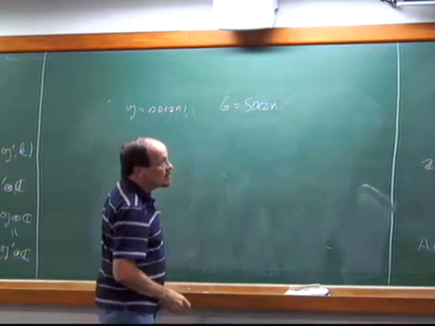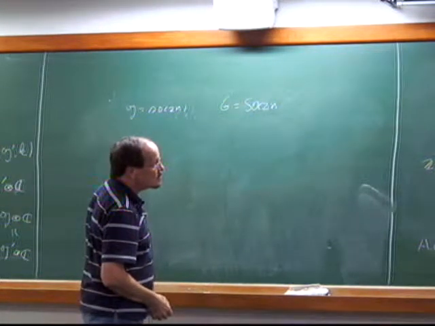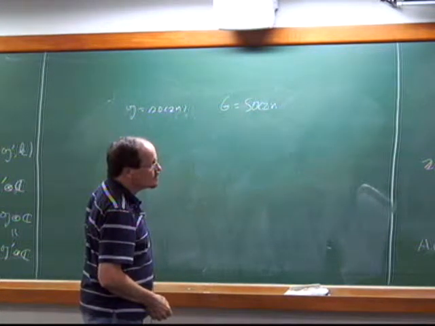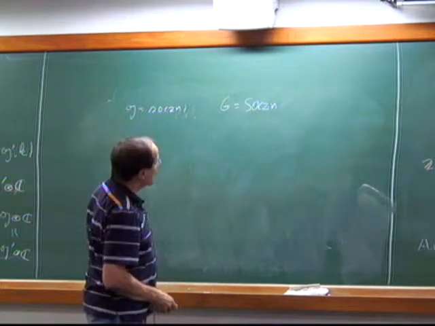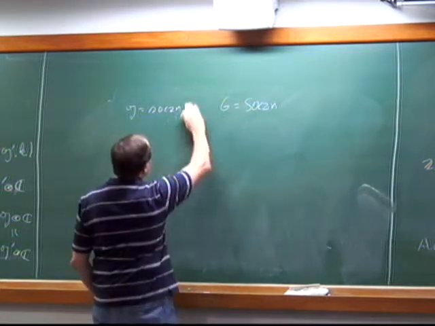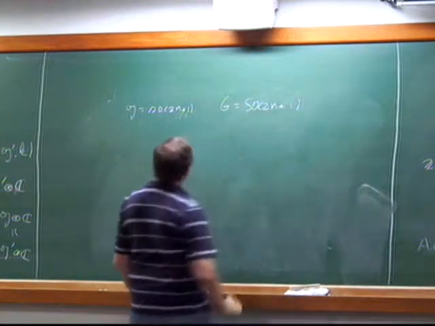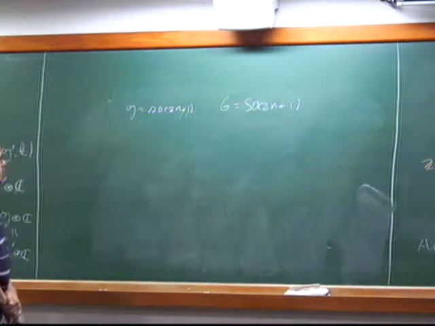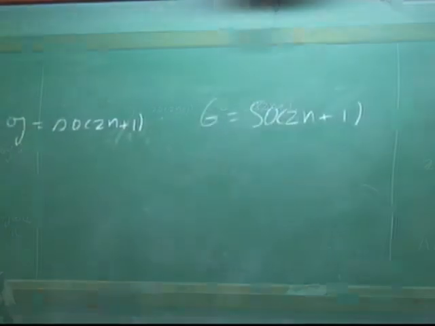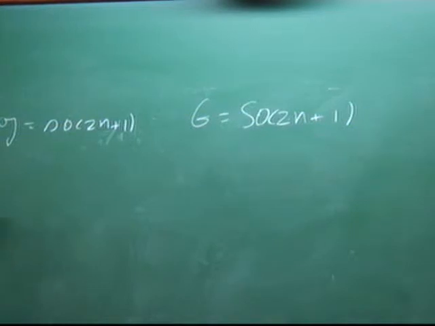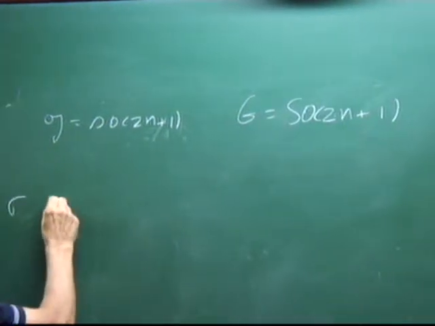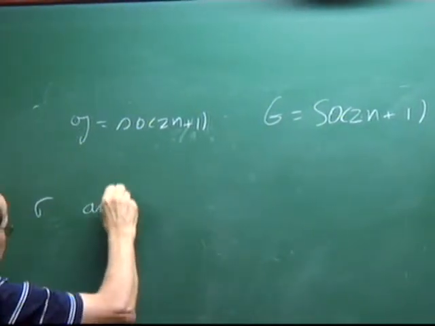Well, actually, 2n plus 1 would be easier because there's nothing outer. First, observe that I need a sigma, which is an involution, right? An automorphism which is an involution.